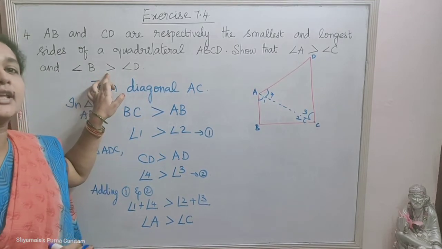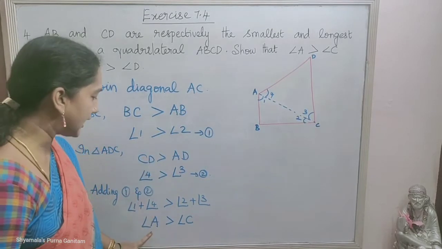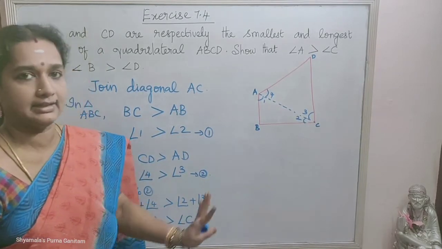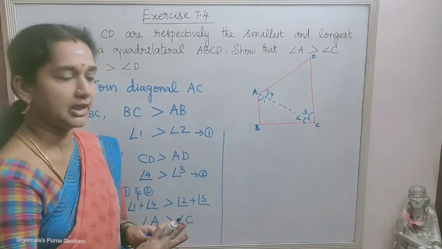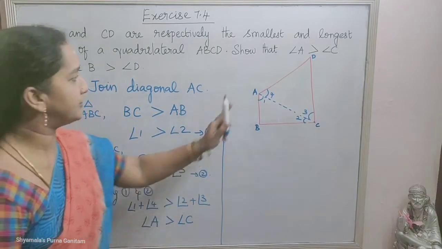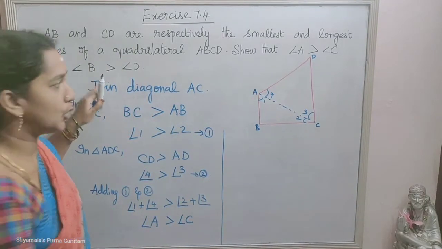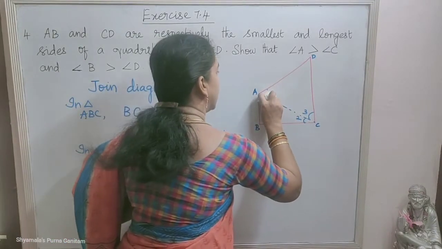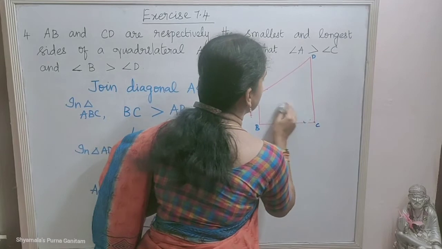One more thing I will show you now. In the first proof I gave, angle A is greater than angle C, and I joined the diagonal AC. The second proof is the same thing, but I have to join the diagonal BD.